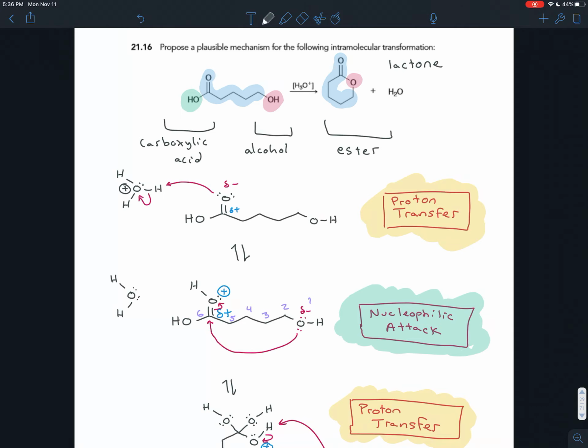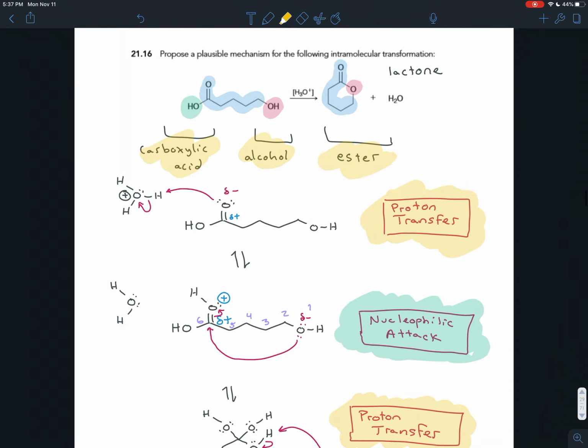Almost definitely one like this will be on a test. I mean, one where you have the nucleophilic attack and loss of a leaving group sort of sandwiched in between proton transfers. And we were able to turn a carboxylic acid and an alcohol, combine those, and get an ester. That's Fischer esterification. The ester was a cyclic ester, and so we made a lactone.